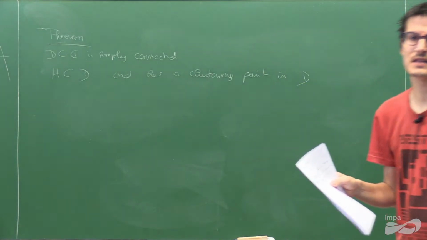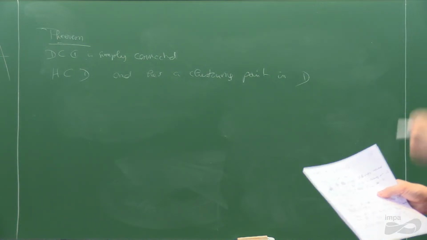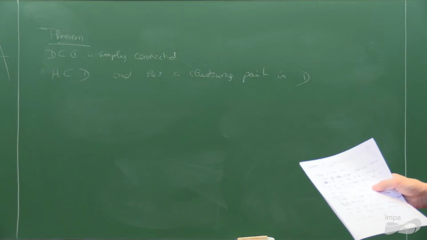It just means that there is a point in D which you can approximate by a sequence of points in H, and I don't want this sequence to be stationary.